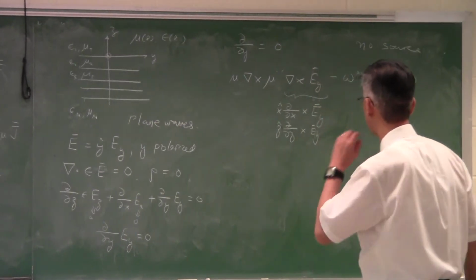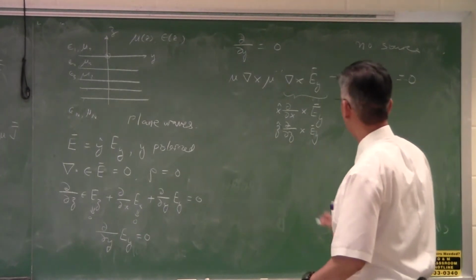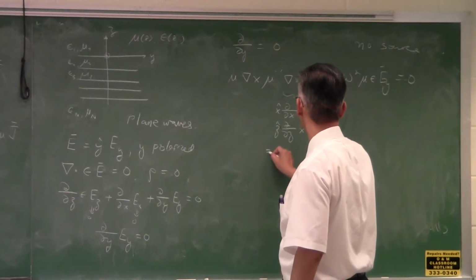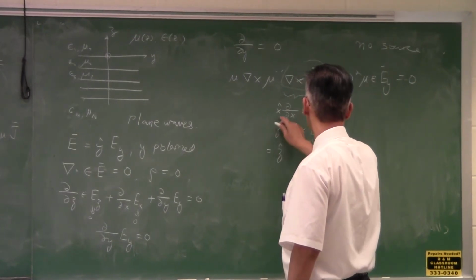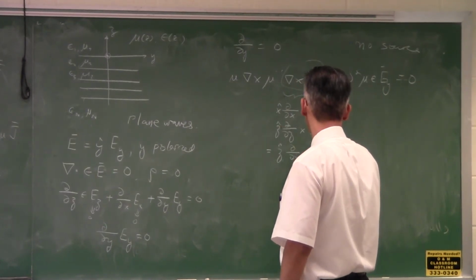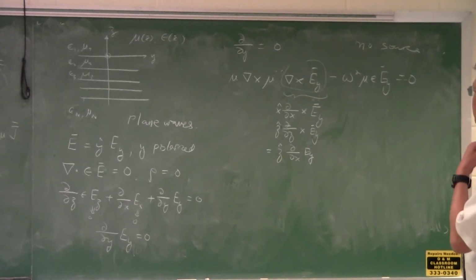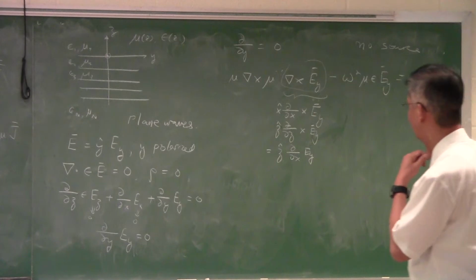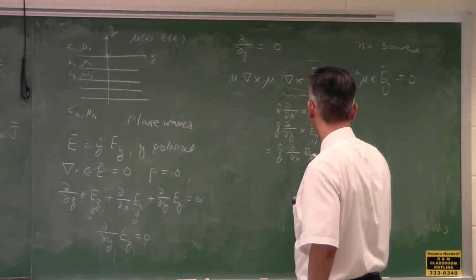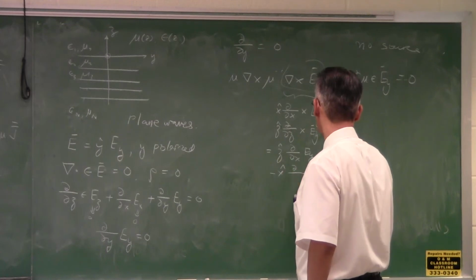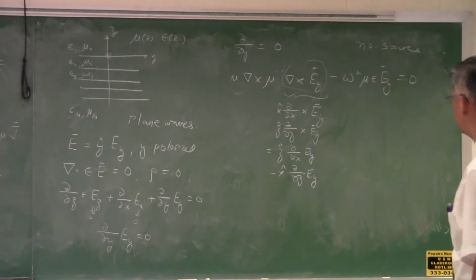If I look at this term, it will have two terms. x cross y gives me z, so we get z partial x Ey. And then partial z, z cross y gives me minus x, so it gives me x partial z of Ey. That gives me two terms.